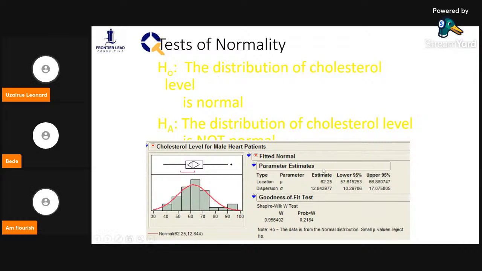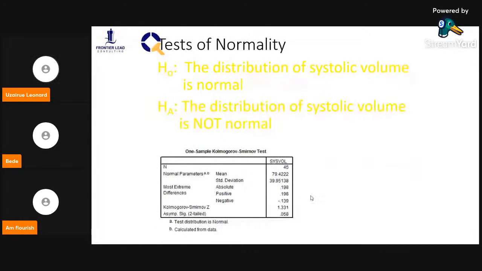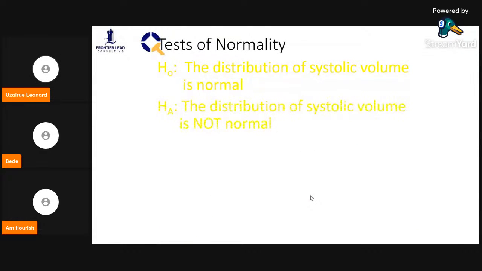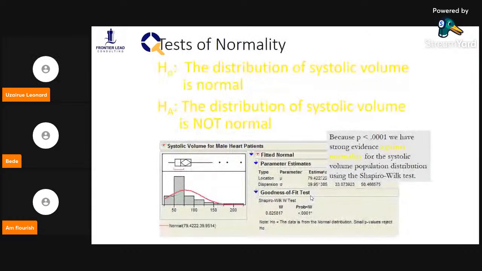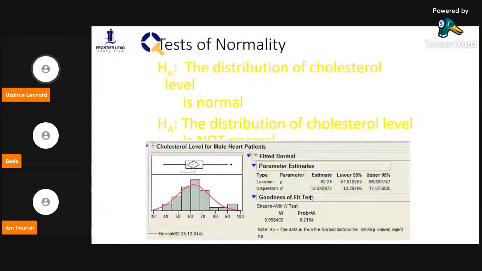It therefore means that if we want to follow this particular instruction, we have strong evidence to accept normality.